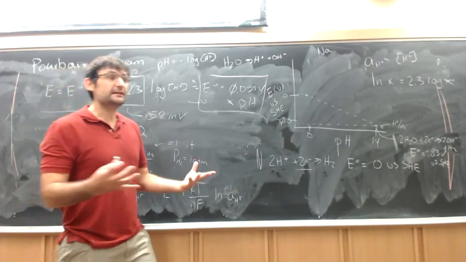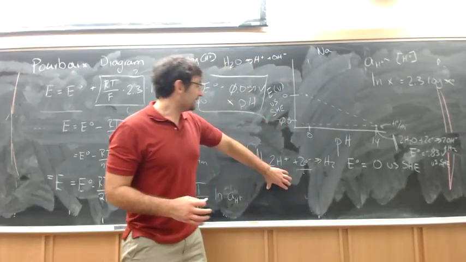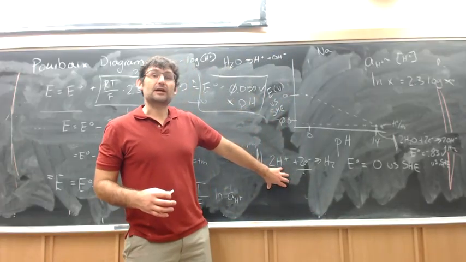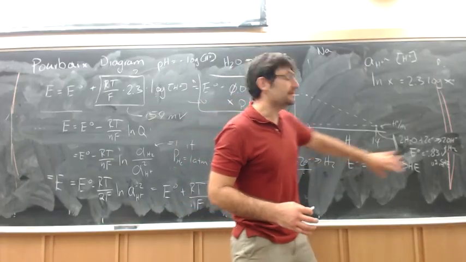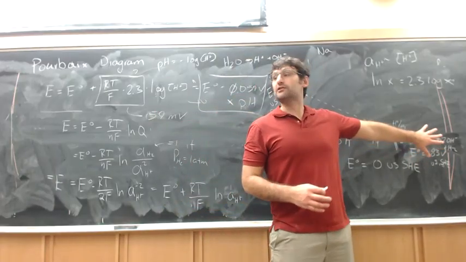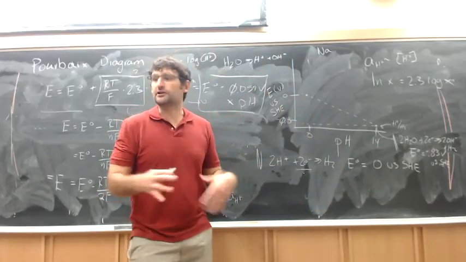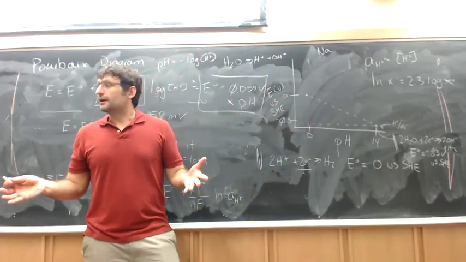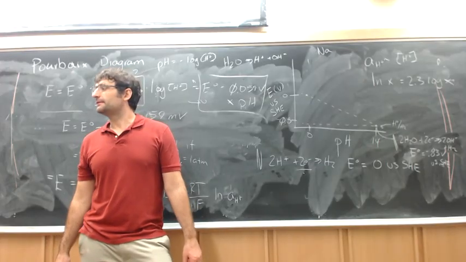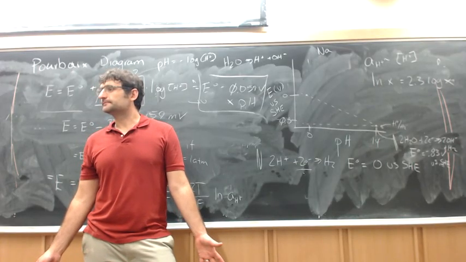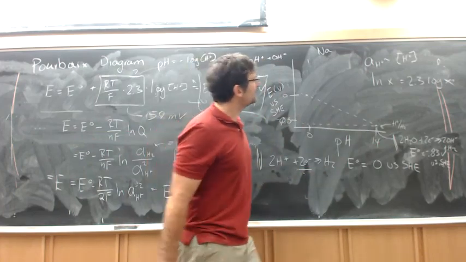Of course, physically, we think about these reactions differently. In one case, you have a lot of protons, so the microscopic mechanism could be different, making hydrogen in an acid versus making hydrogen in a base, where you don't have any free protons. But thermodynamically, they're the same reaction. They just have different standard potentials because we define standard state differently. Make sense? You can look this up in Bard-Faulkner.